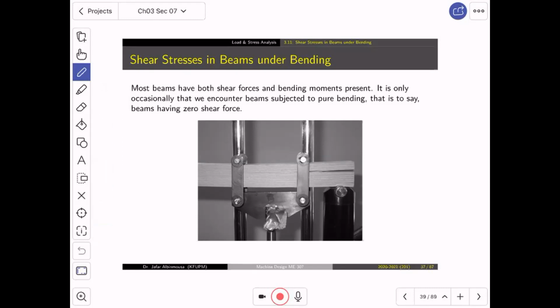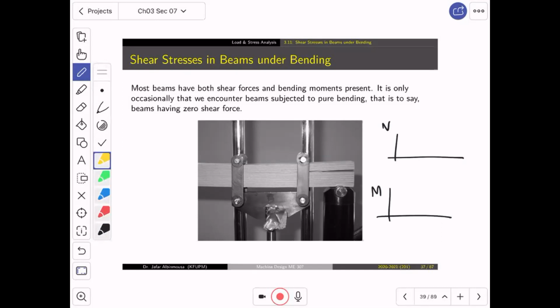If you remember from the quiz, for example, when we draw the shear force diagram and the bending moment diagram, let's just, for the sake of argument, assume that we have a shear force like this, and then like this, and then like this. There it is, a very simple diagram. Now, we agreed that the bending moment is the area. So I will have a bending moment like this and like this.